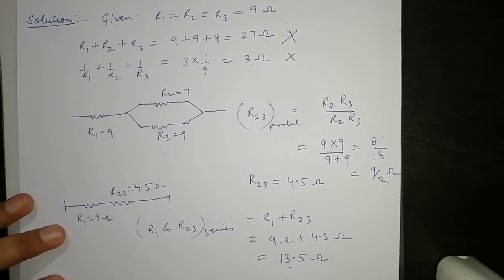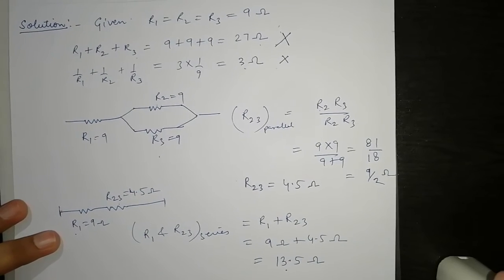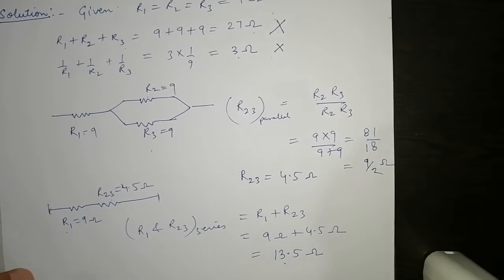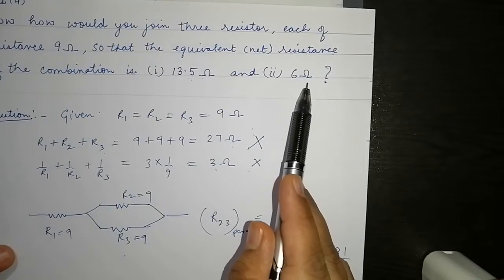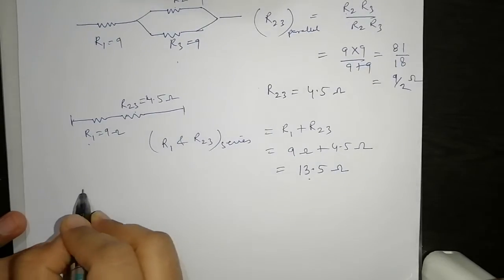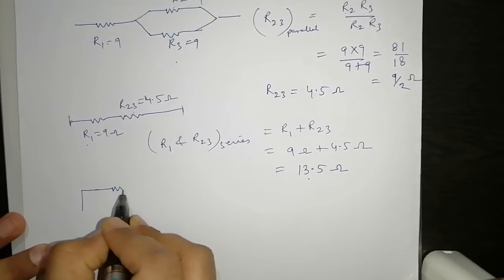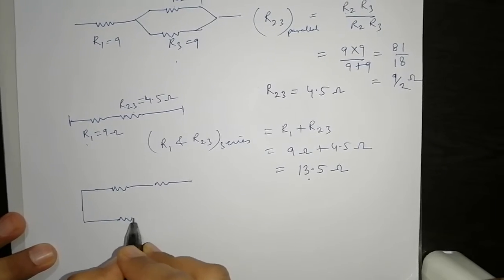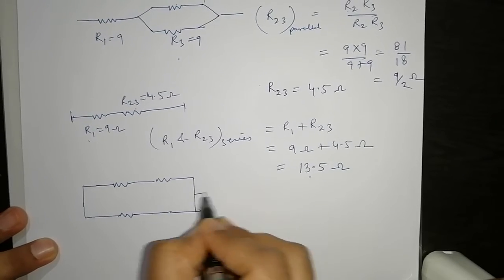So now similarly we'll move to the second part, right? For the second part, let us see. In the second part we have 6 ohm. Okay, so I'll quickly solve this. See here. You can take two resistances in series and then one in parallel.